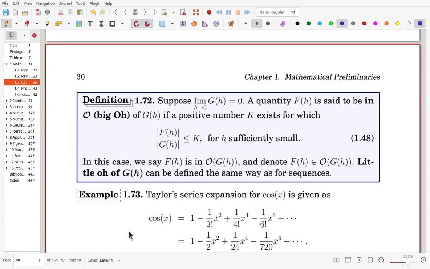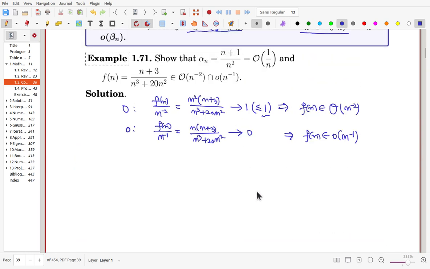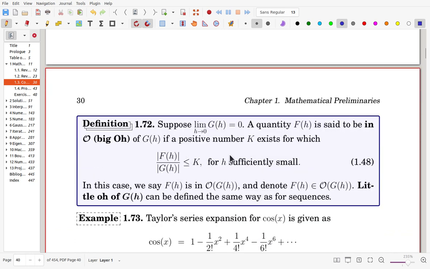Now that is for n going to infinity. And now we can define big O and little o for convergence. Assume in the beginning that g of h is converging to 0 as h goes to 0.